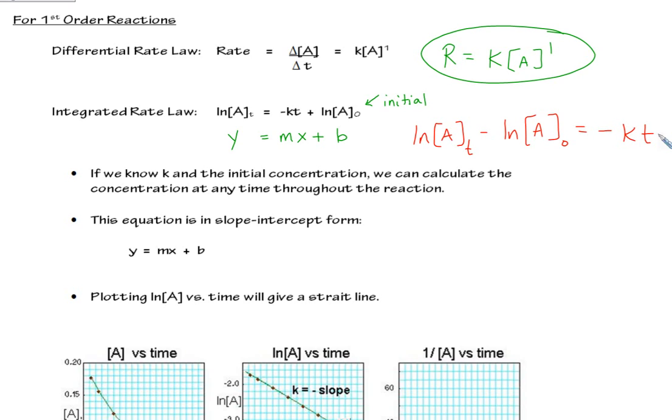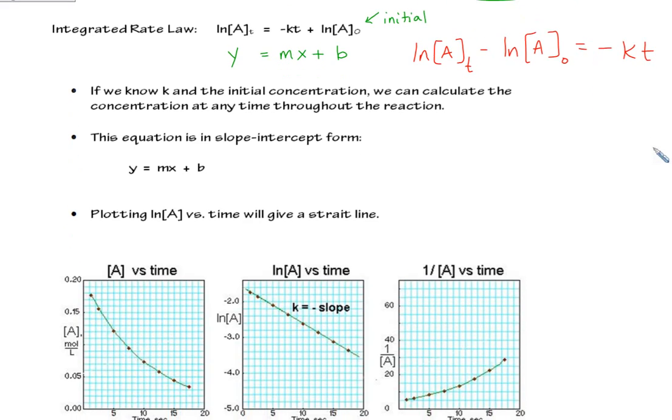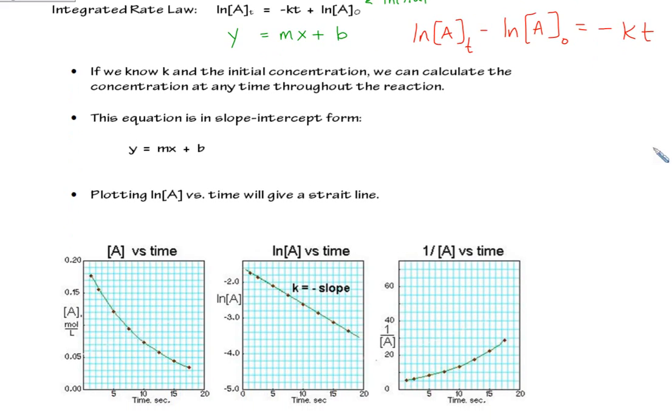Just be aware that one of the most valuable things you can get out of this expression is the value of the constant. If you're given graphical data, kind of like what they're showing down below, I should just be aware that the opposite of the slope will give me the constant. So even though it may not be written in slope-intercept form, you could rearrange it to show slope-intercept form. But the opposite of the slope is the constant.